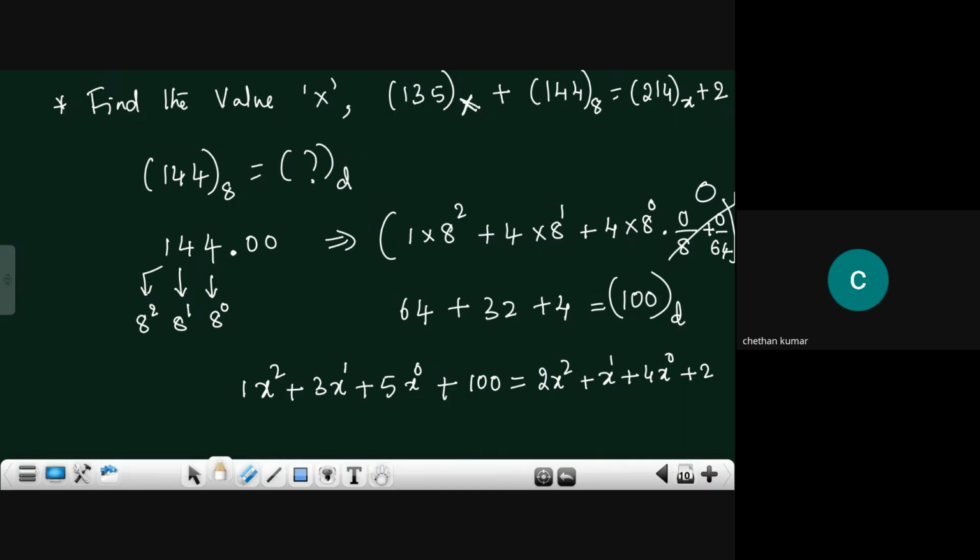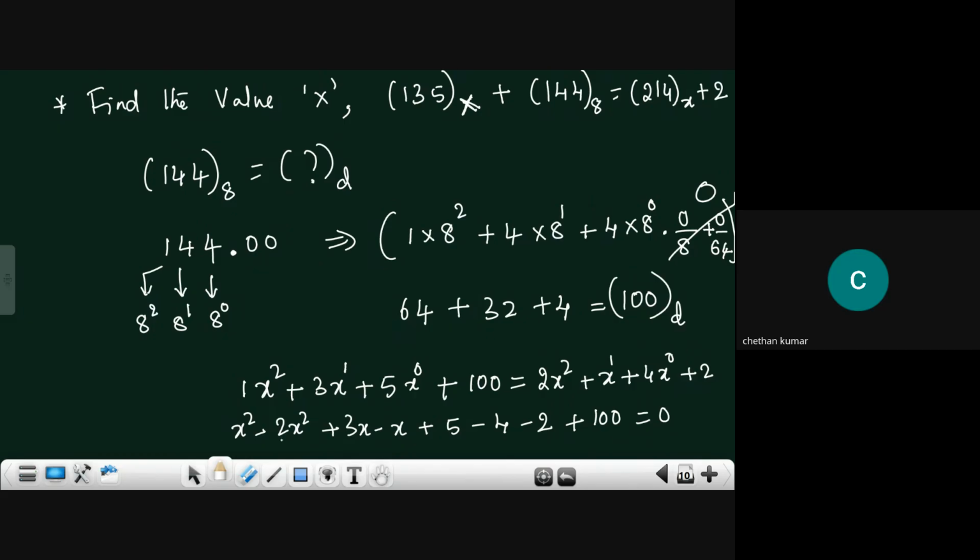Are you understood? Again, how I can write this: x square minus 2x square, 3x minus x, plus 5 minus 4. Again, if you put this 2 on the left side, minus 2 plus 100 is equal to 0.